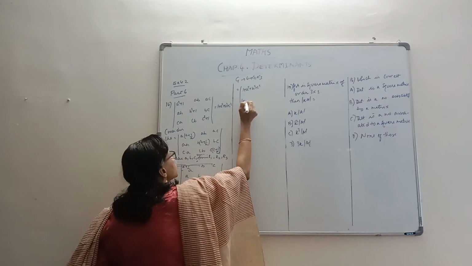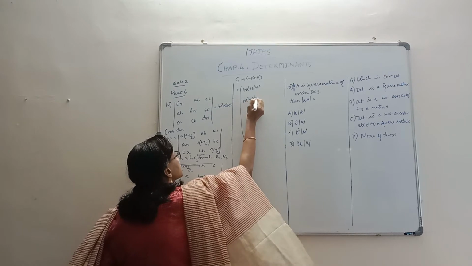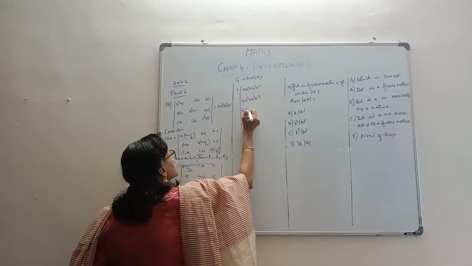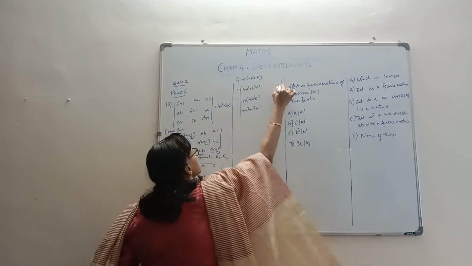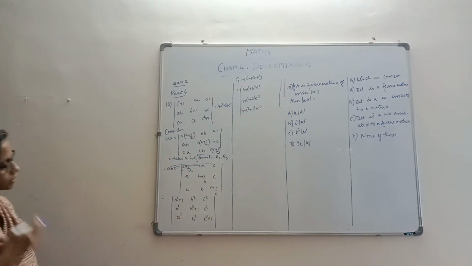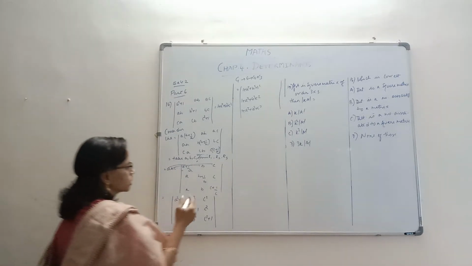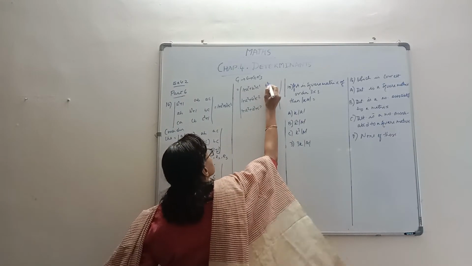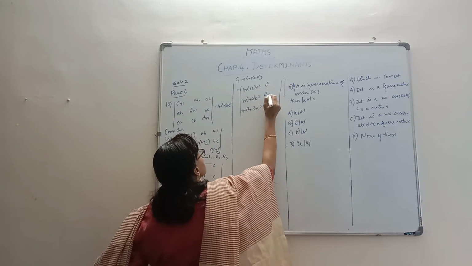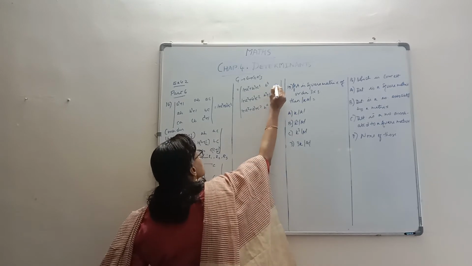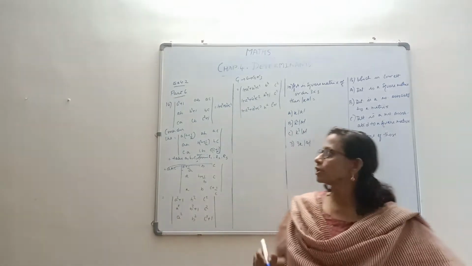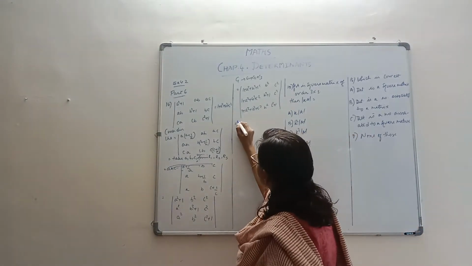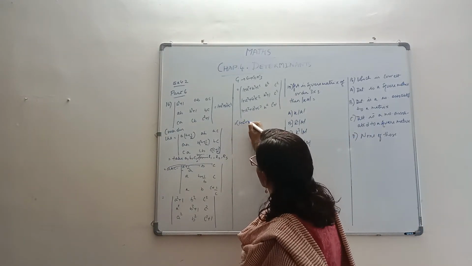Next case also, B squared plus 1, B squared, C squared plus 1. Now because it's common, it will come out and we are left with the ones.